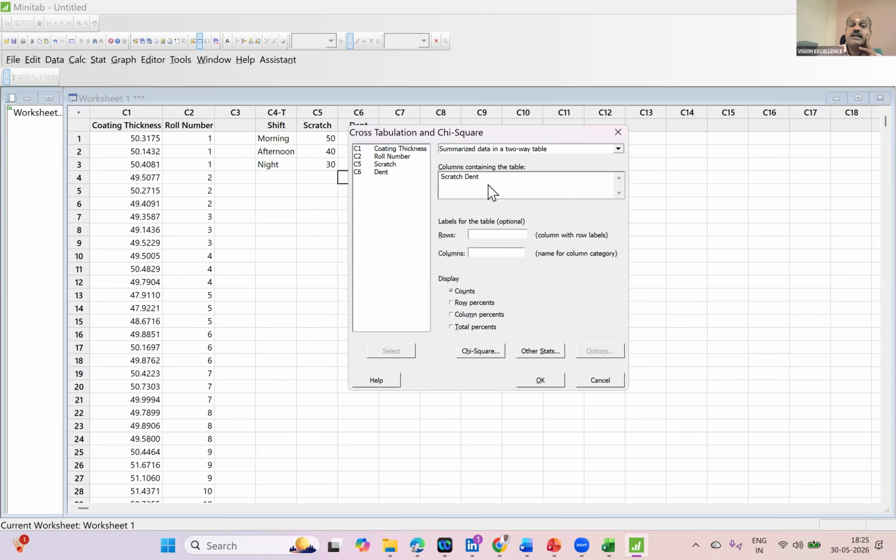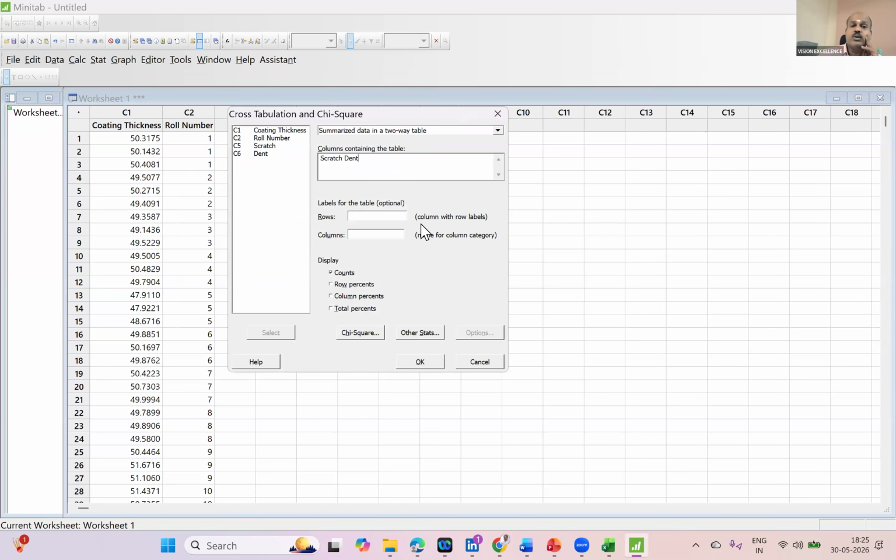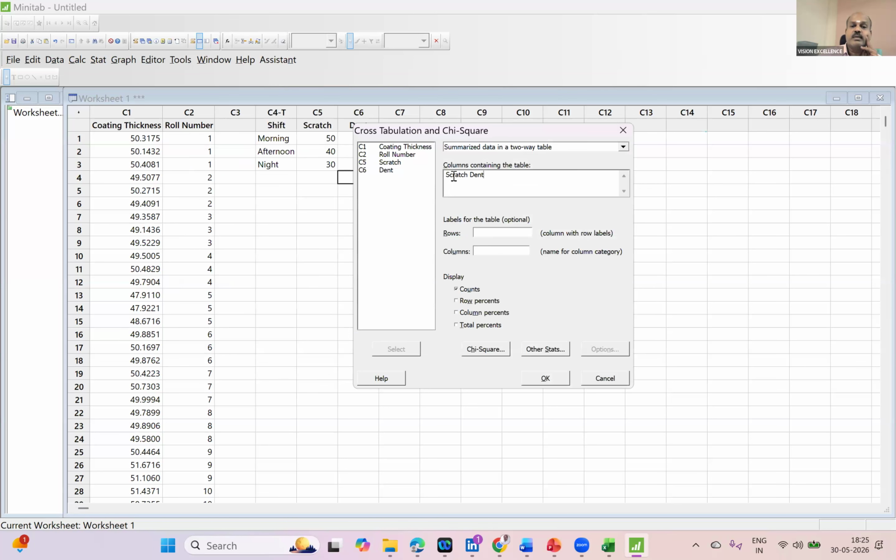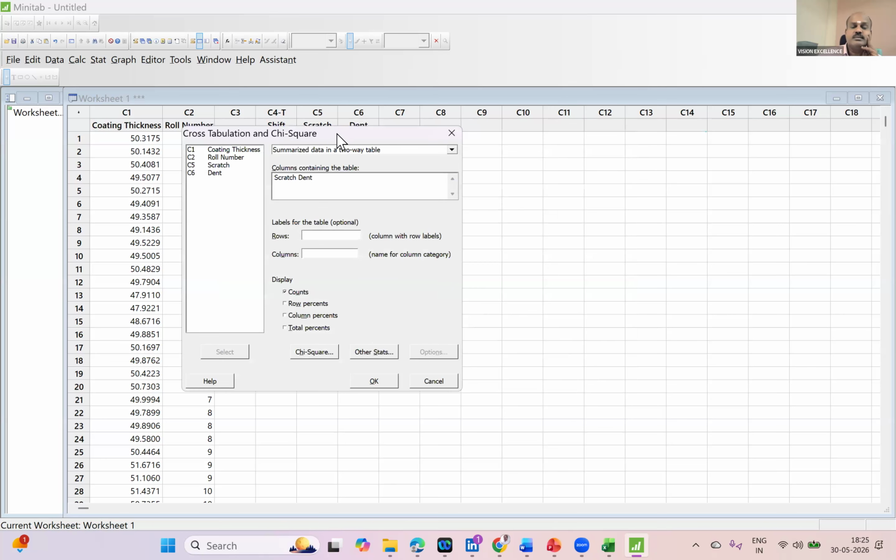Shift is not reflecting, sir. One minute. Columns with the row label, label for the table, names for column category. Yes, it is not reflecting. One minute.